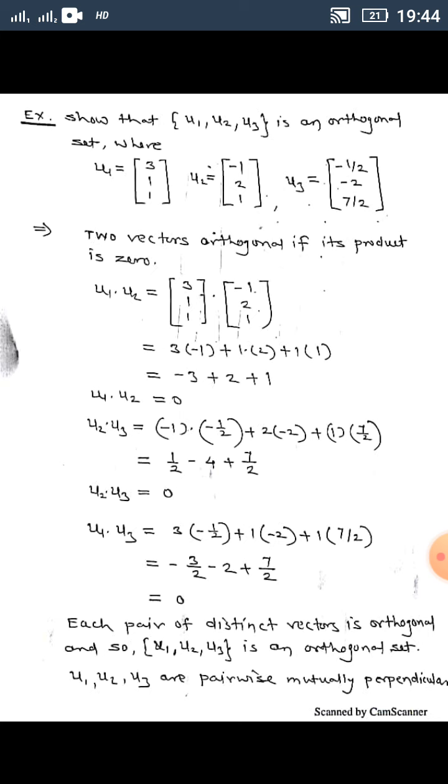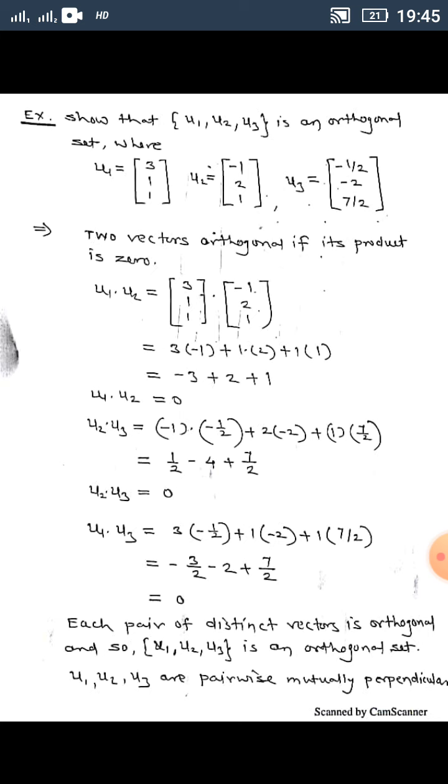So this kind of multiplication we take to check orthogonality. u1 into u2 that we have calculated here is minus 3 plus 2 plus 1, which is 0. If the product of two vectors is 0, then we can say that u1 and u2 are orthogonal. Orthogonal means the vectors u1 and u2 are perpendicular, meaning the angle between these two vectors is 90 degrees.